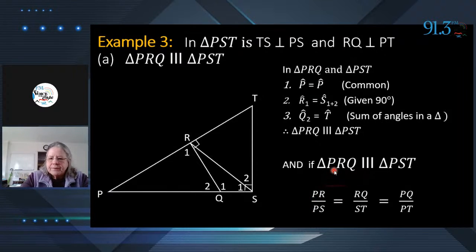So we can say PR divided by PS, so the first two letters, is equal to the ratio RQ to ST, the last two, is equal to PQ, first and last, and now you can guess PT, first and last.